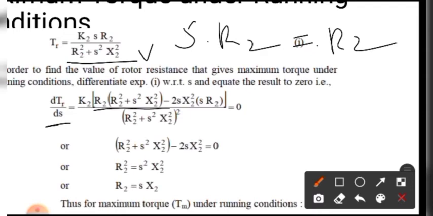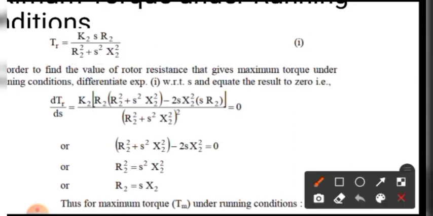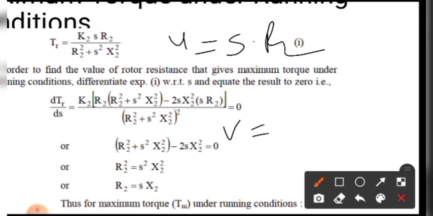So this term is R2 × (R2² + S² X2²), where this is V and R2 is the derivative of U, minus U times the derivative of V. Here U is S × R2, and for the derivative of V, take the derivative of only S² X2².